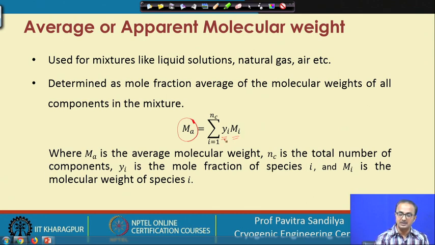In this case, you can see that Yi is the mole fraction of the species i, whereas Mi is the molecular mass of species i, and this is being summed up for species 1 to Nc, where Nc represents the total number of species present in the particular system.